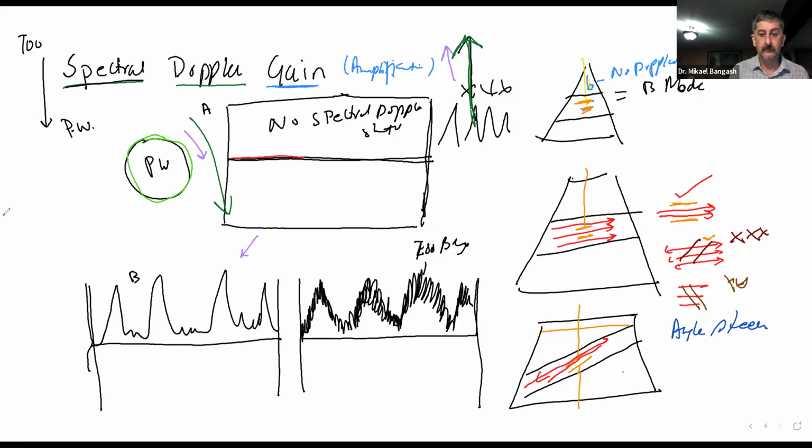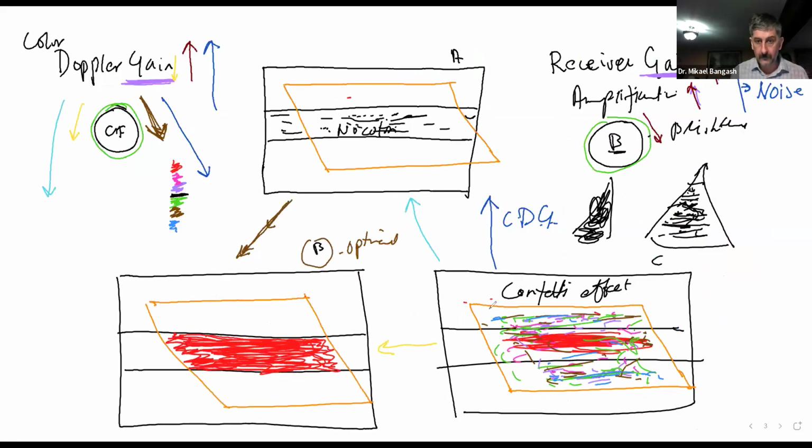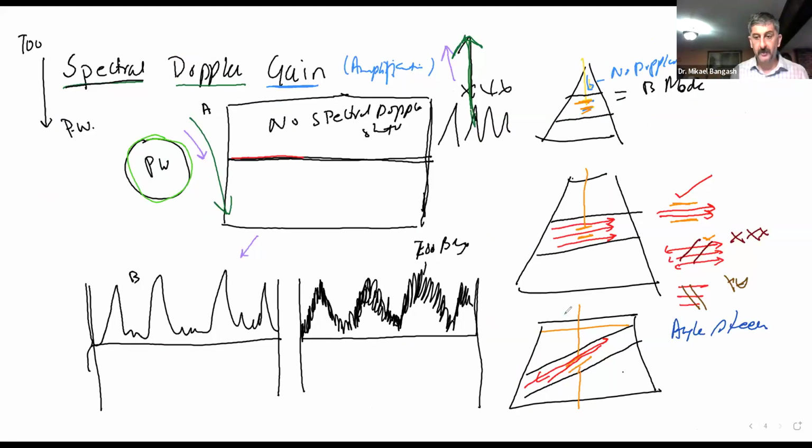And what was confetti? Color all over the place, right? But your spectral Doppler is not colorful.